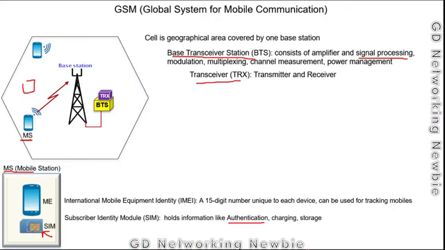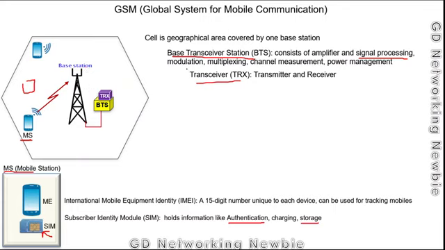The SIM will also have certain storage so that we can save some of our messages. So collectively this is known as mobile station, but actually we have the mobile equipment and the SIM, and this is used to connect us with the tower.